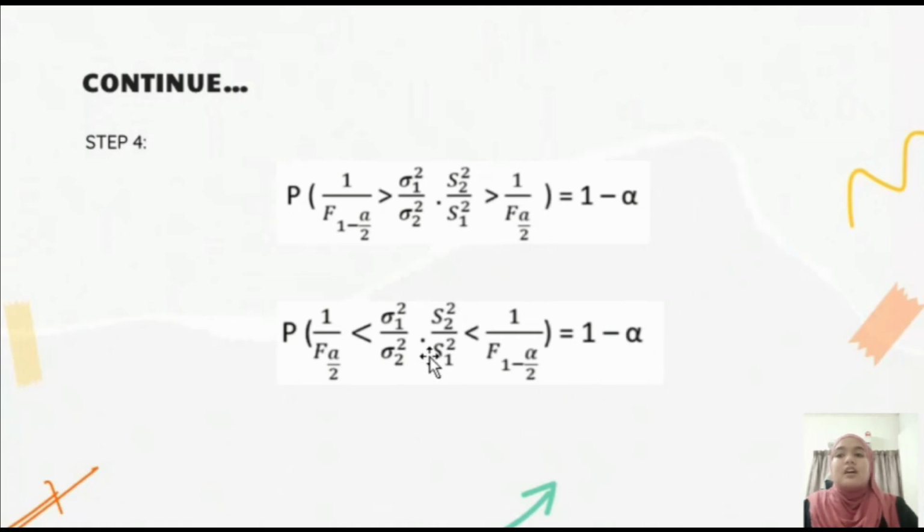And next, we change the inequality sign, because as you can see here, 1 over f sub alpha over 2 is much smaller than 1 over f sub 1 minus alpha over 2. So we need to change the position, then we put it in the opposite position, and we will get this form.